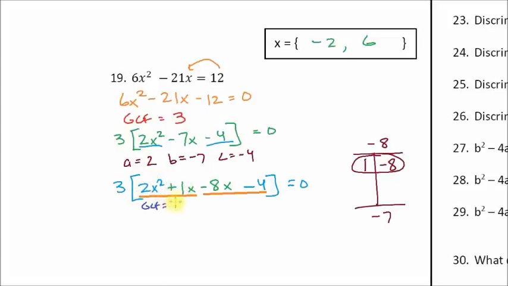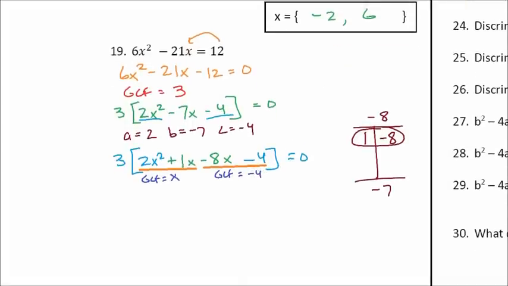We do have a common variable, though, of x. And for the GCF of the last two terms, 4 is the smallest coefficient. That goes into 8, so our GCF is 4. But don't look at this sign, class. Look at the first sign. We start off this group with a negative coefficient. That means our GCF needs to be a negative 4.